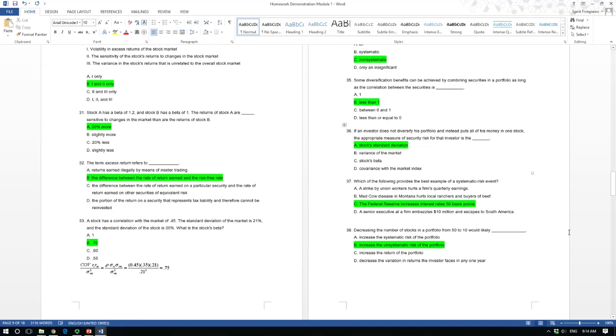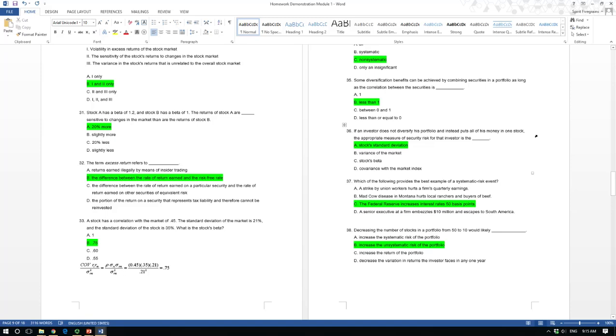36. If an investor does not diversify his portfolio and instead puts all his money in one stock, the appropriate measure of security risk for that investor would be, here the investor does not diversify, only invests in one stock.